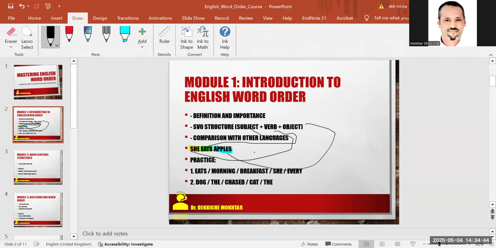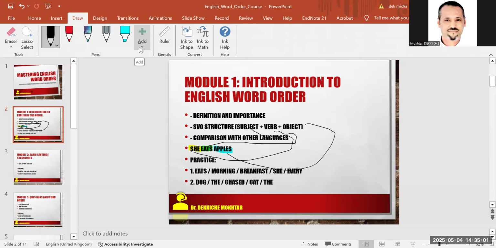Now, in comparison to other languages, the word order may differ.